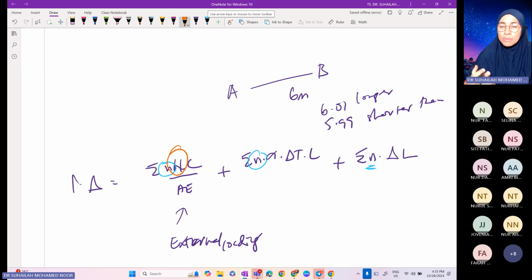Number two, the second formula, n times alpha delta T L. So delta T is changes in temperature, in degrees Celsius. Changes in temperature, sometimes cooler than, hotter than, or temperature increase, temperature decrease, will also contribute to displacement in truss.